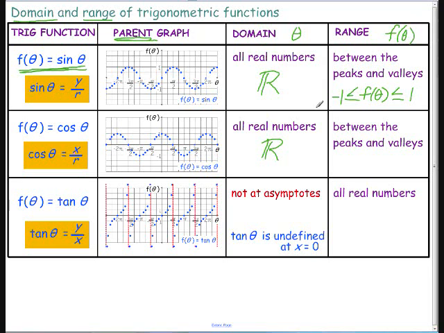And its output, it looks very much like the graph of the sine function. But let's just look at the origin to make our comparison. The sine function at the origin, at angle 0, is equal to 0, whereas cosine at the origin is equal to 1.